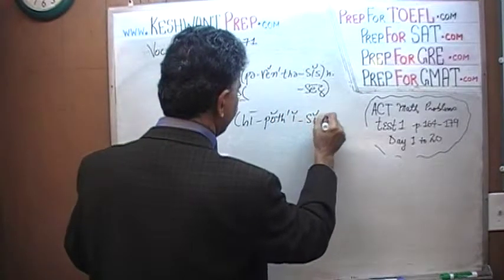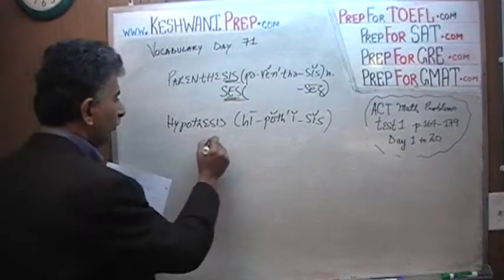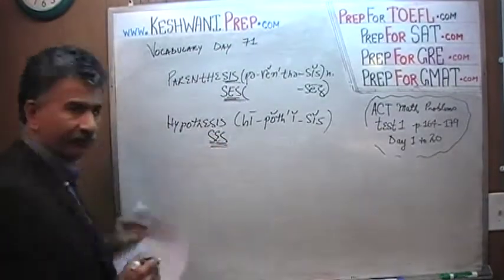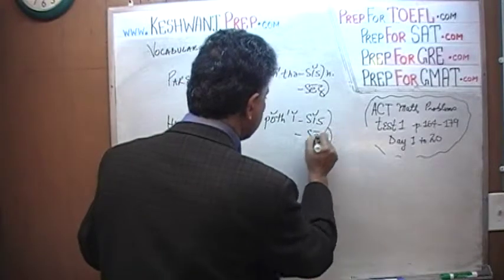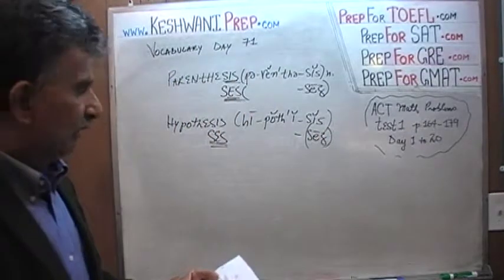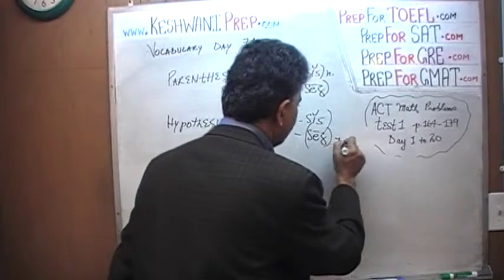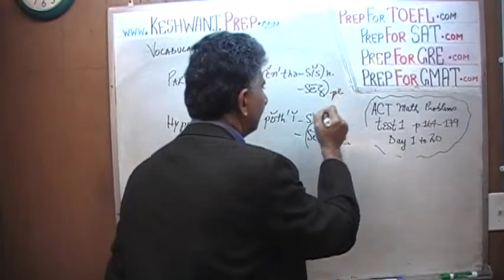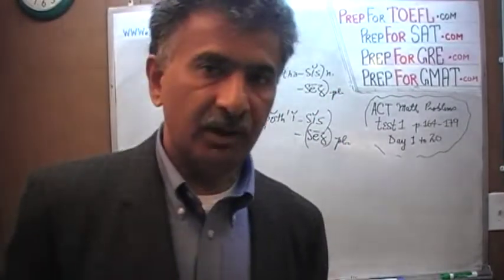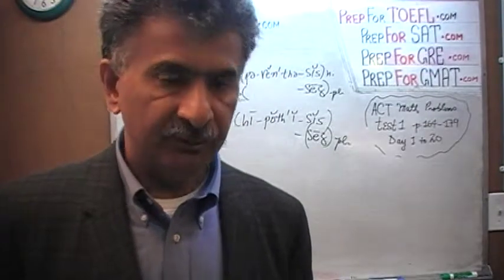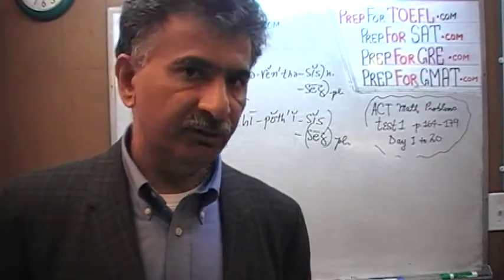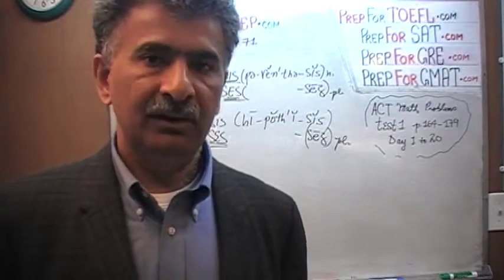Again, the plural would be SES, and it will be hypotheses. And the reason we are making a big fuss about it is because many a time I've heard people mispronounce the word. Parenthesis and parentheses. Hypothesis and hypotheses. And so on and so forth.